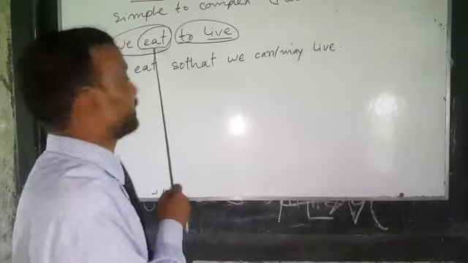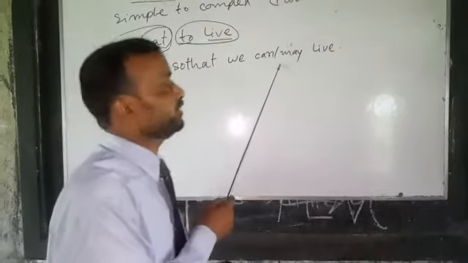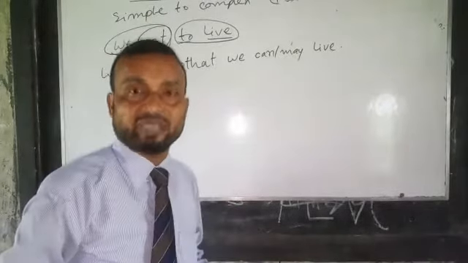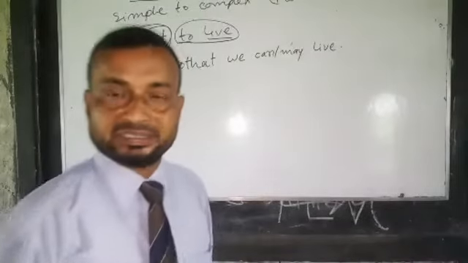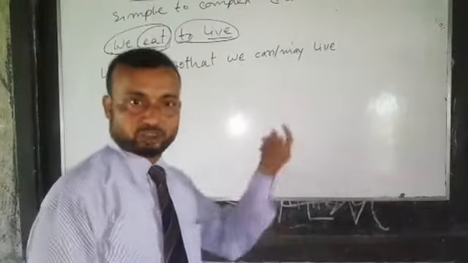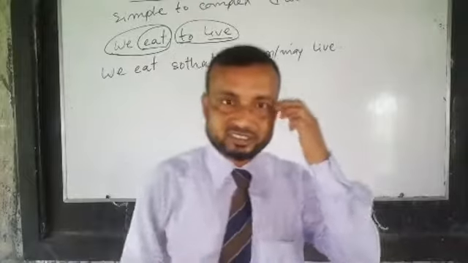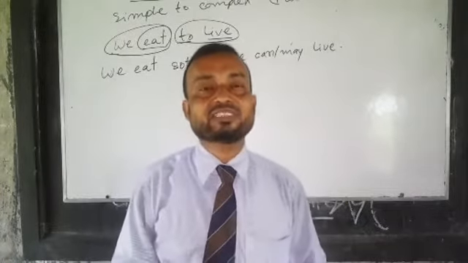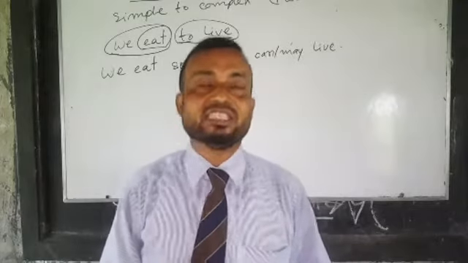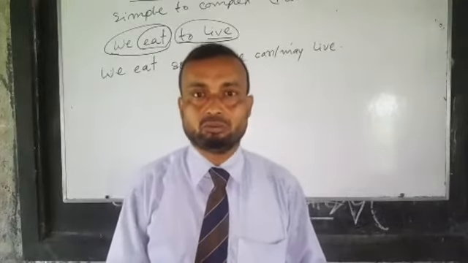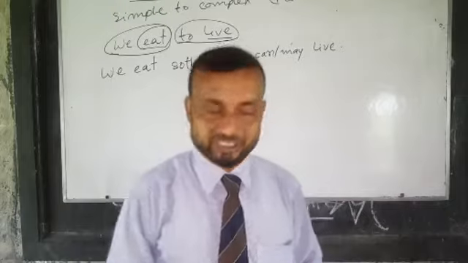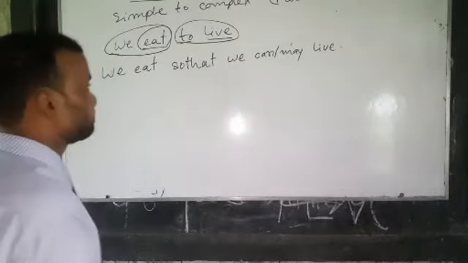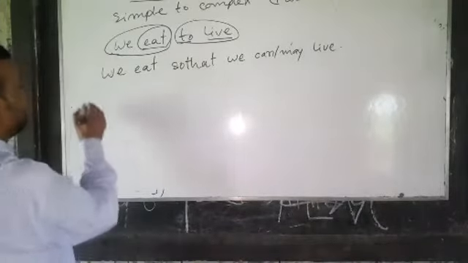If there is past tense, then we have to use could or might. Can I make you understand? My dear students, so if the sentence is in present tense, we will have to use can or may, and if the sentence is in past tense, then we have to use could or might. My dear students, so what is the structure?